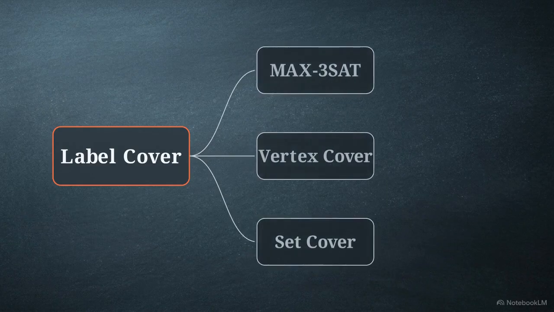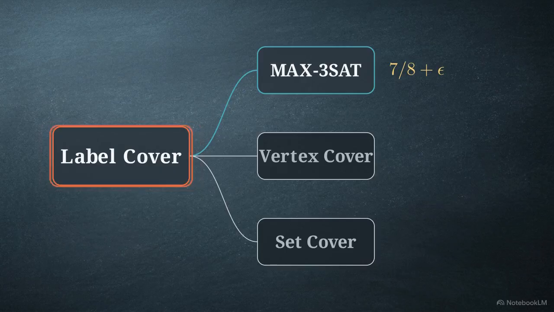This network shows how label cover feeds its amplified gap outward into the classic optimization problems we initially set out to solve. Through these reductions, the best possible approximation ratio for max E3-SAT locks in at exactly 7/8. For vertex cover, researchers like Irit Dinur and Shmuel Safra calculated a strict inapproximability bound of 1.3606.